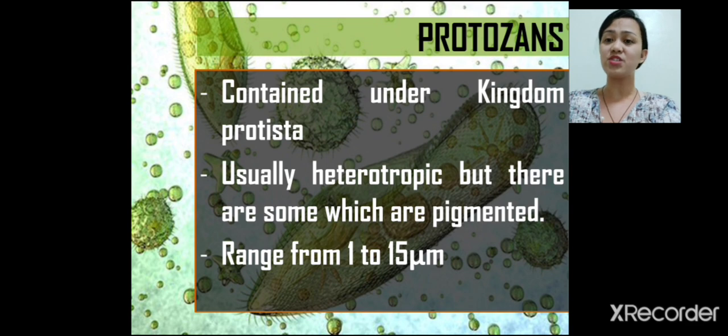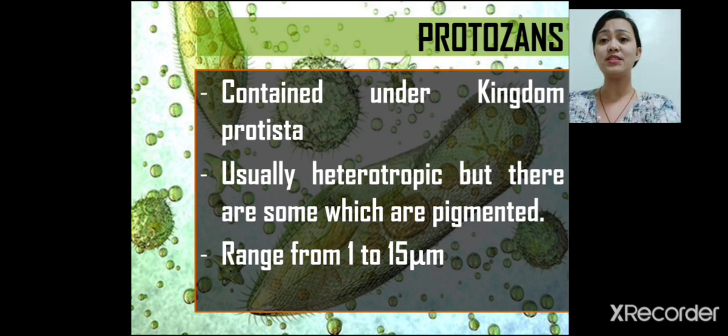And some protozoans, as we said, are pigmented, meaning they have chlorophyll or other pigments. So, when a protozoan is pigmented, it will be able to undergo photosynthesis.